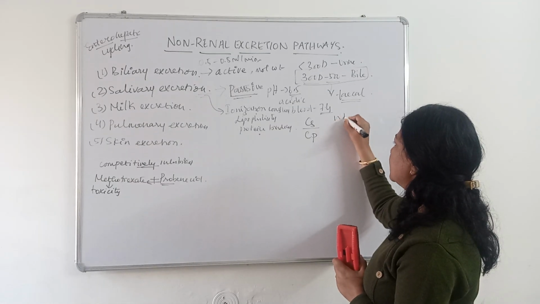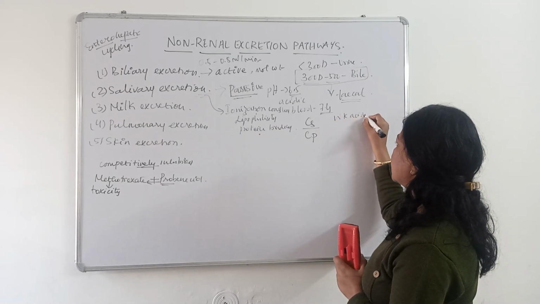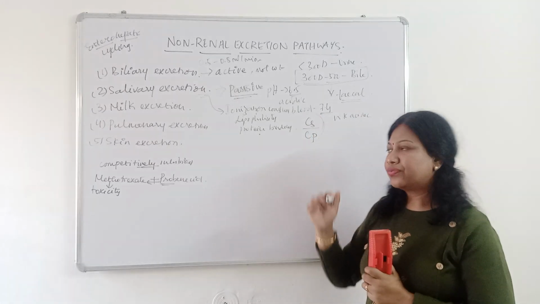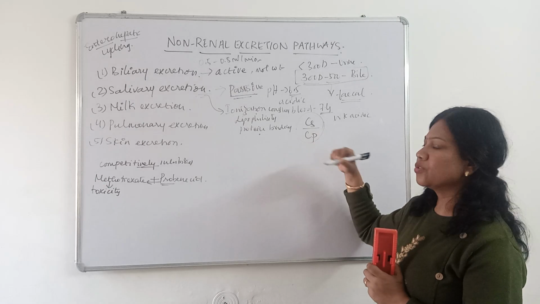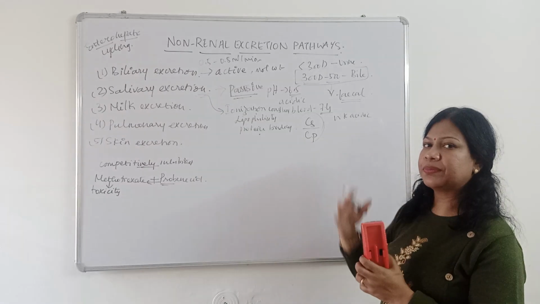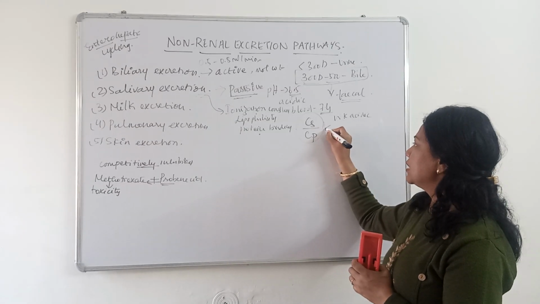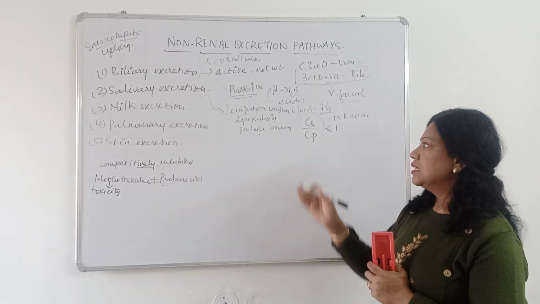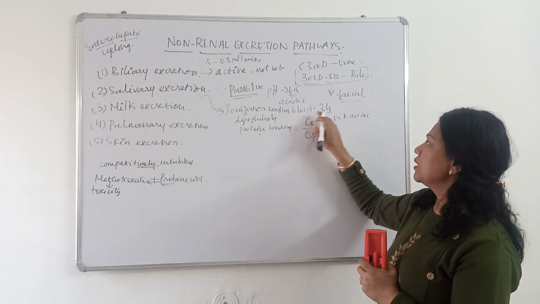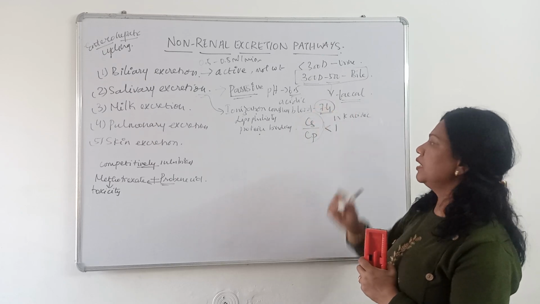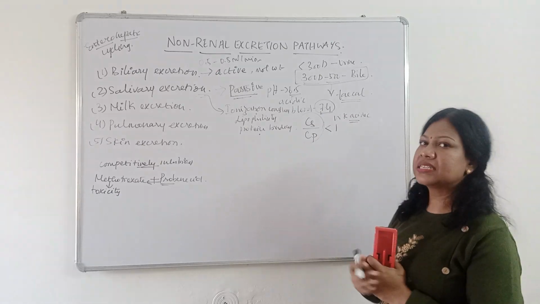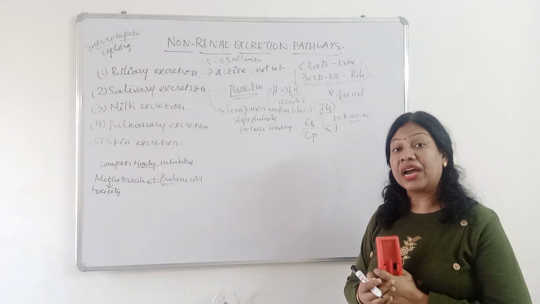Now, when the drug is weakly acidic in nature, the ratio of the drug from saliva to plasma will be less than 1. Why is it less than 1? Since the plasma is comparatively basic in nature, the weakly acidic drugs in a basic medium will get ionized.